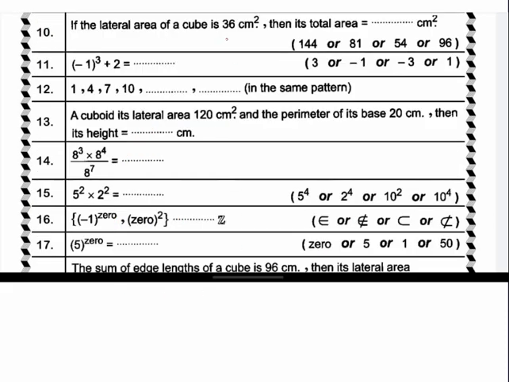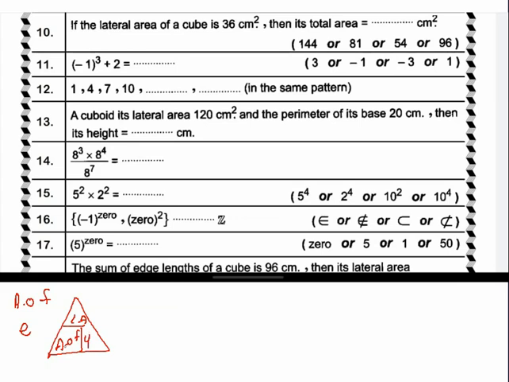Next, lateral area of cube is 36. Then total area. Again, to get lateral area, you have to get the area of one face or edge. If we draw the magic triangle, lateral area equals area of one face times 4.